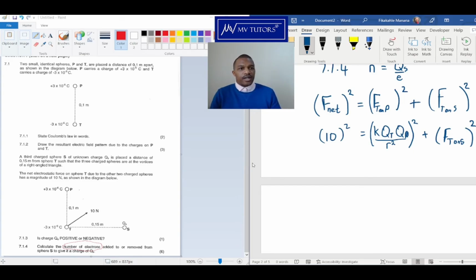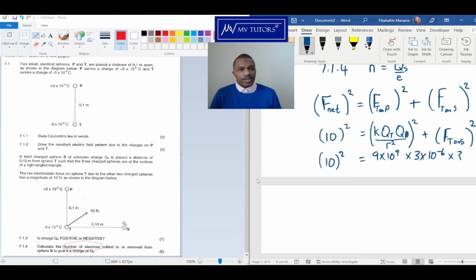So now we're just going to do some mathematic gymnastics, but before that, let's put some values. What's the value of k? k is 9 times 10 to the power 9, times QT. QT is 3 times 10 to the power minus 6, times QP.